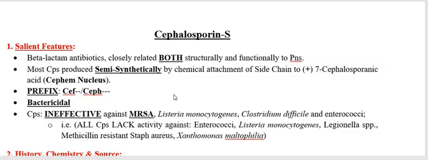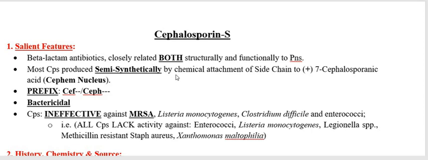So let us start another beta-lactam, cephalosporins. Before starting, first we have to go through the salient features.